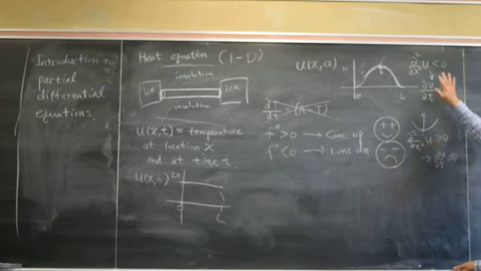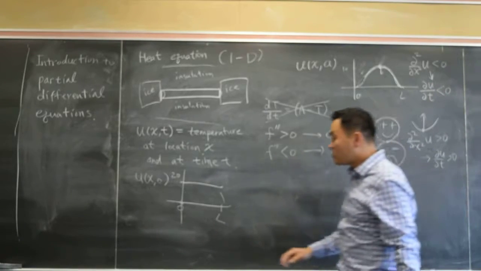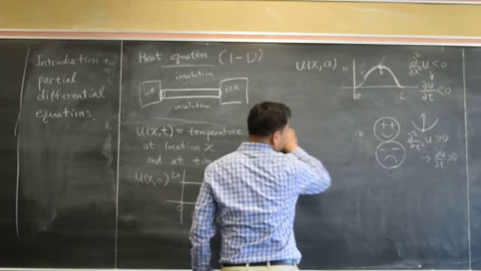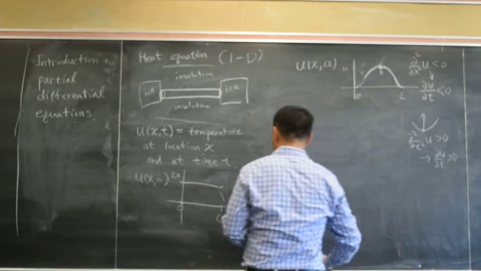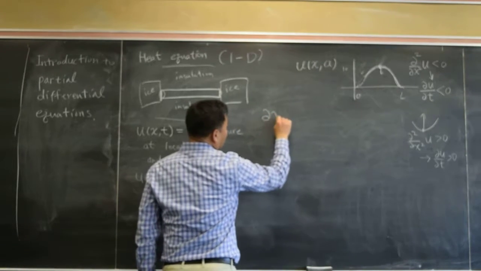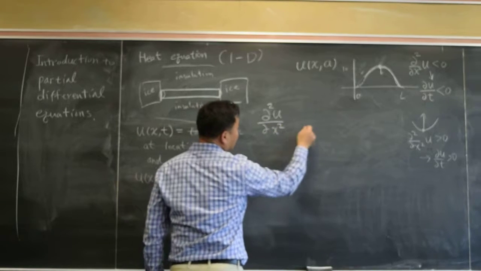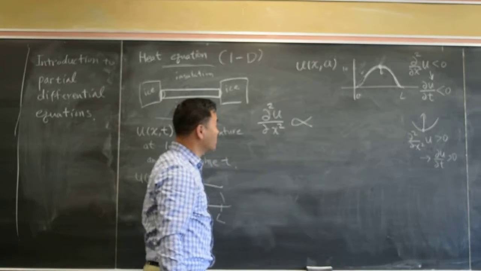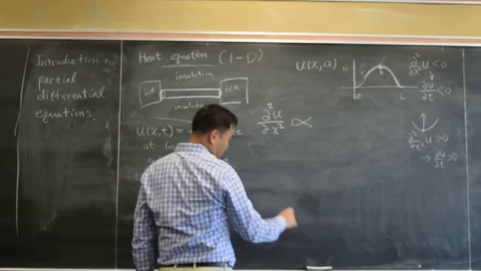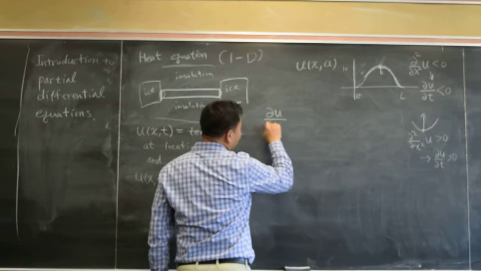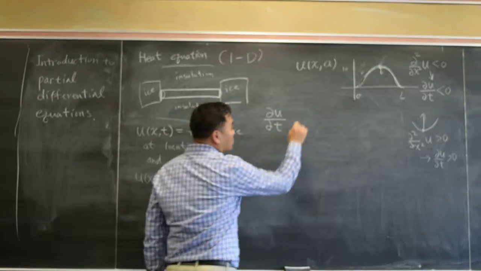Okay. So not only do their signs match, you actually come up with a conclusion just from geometric inspection that the derivative of u, second partial, is proportional. Oh, no, actually, sorry, it's the other way. The rate of change of the temperature is proportional to what?